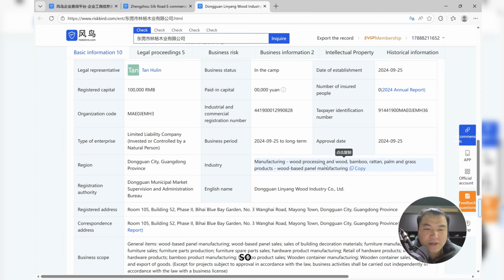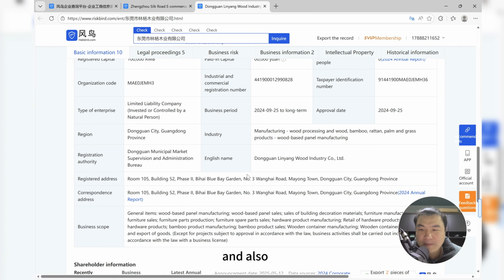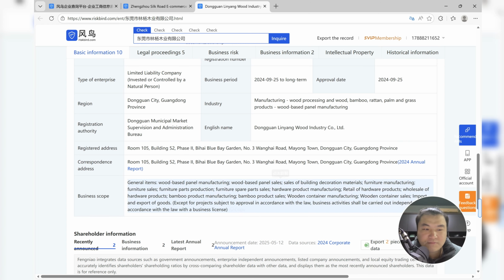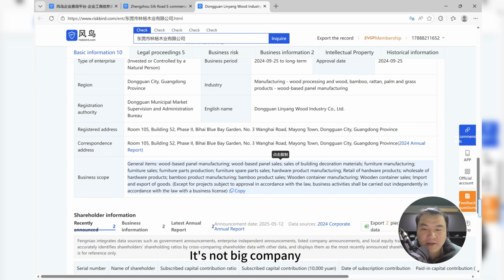So yes, this company is bad, but it is a manufacturer. And their registered address is a residential address, so it's not a big company.